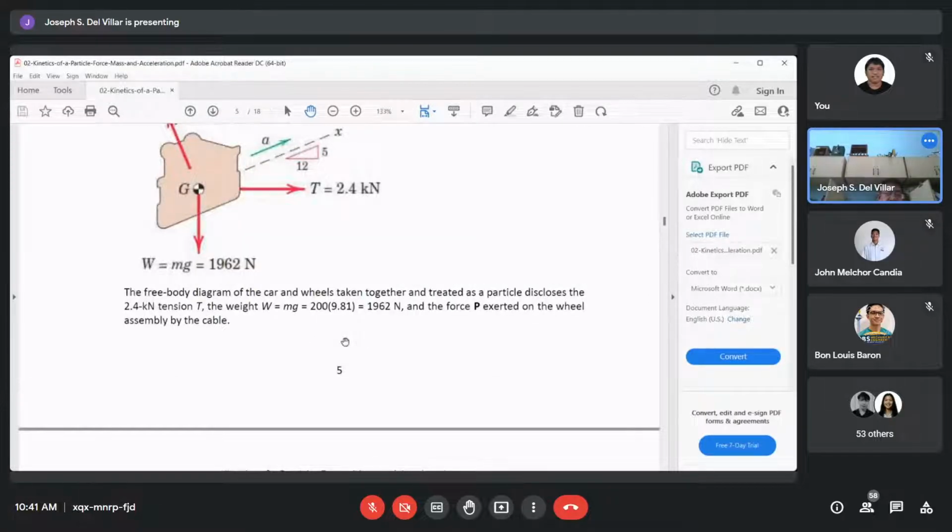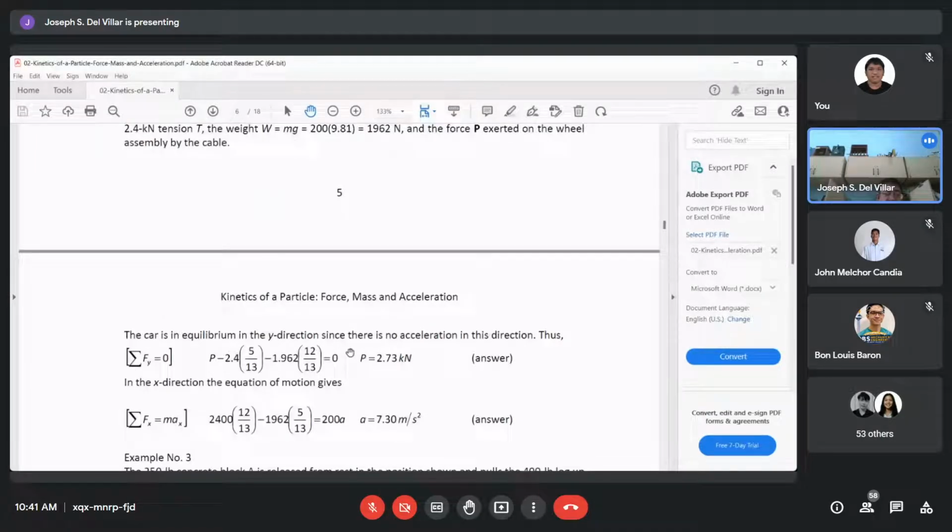And then equal to 200, the mass of the car, times acceleration. Okay, so that is 7.3 meters per second squared.